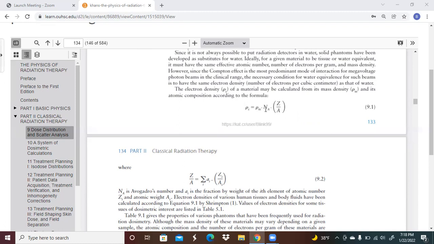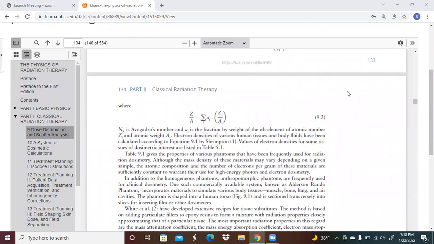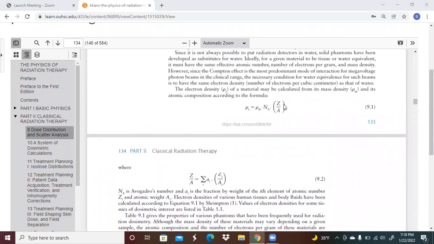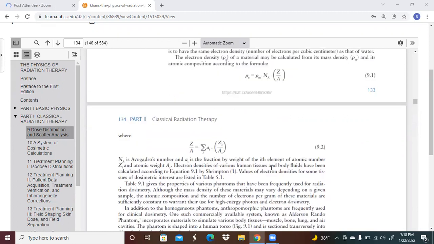We can take the mass density, multiply by Avogadro's number, and then take Z and divide it by A. So we can then rearrange this particular formula, and we can take certain sections and multiply it by the density times the atomic number divided by the atomic weight. And we can break it out such that we know on average about what this is.